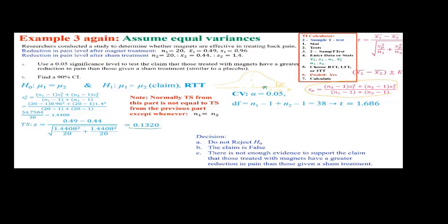This corresponds to a 90% confidence interval because for a one tail test, alpha is 0.05, then 90% confidence interval. So we need to add the E to x1 bar minus x2 bar. This one we already have from the previous page, it was 0.05. Now, this is what we need. It's a different calculation.